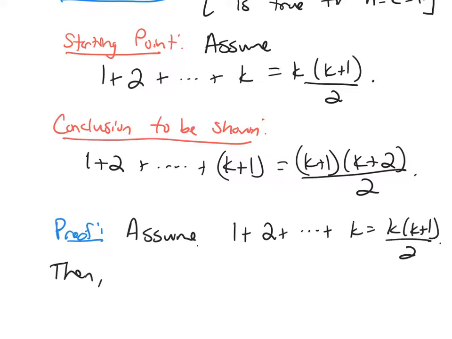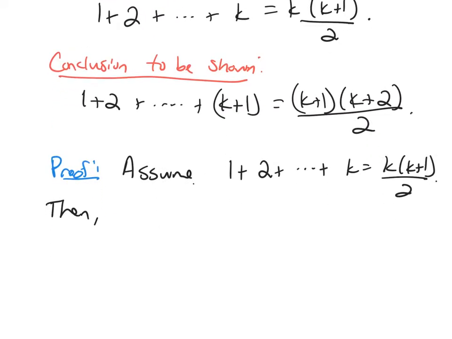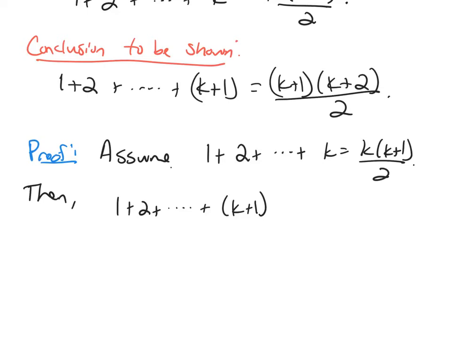And now we're going to work with our formula here. Well, remember that the term that comes right before this last one is k, so I can write this as 1 + 2 + ... + k + (k+1).